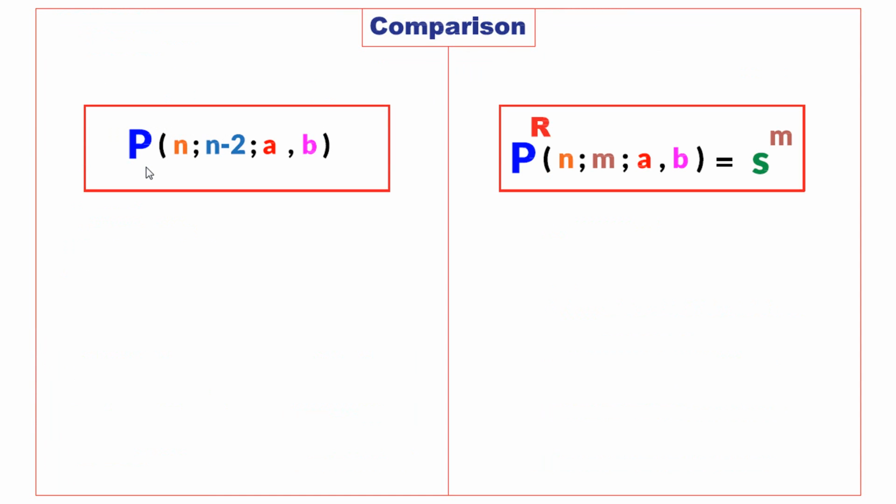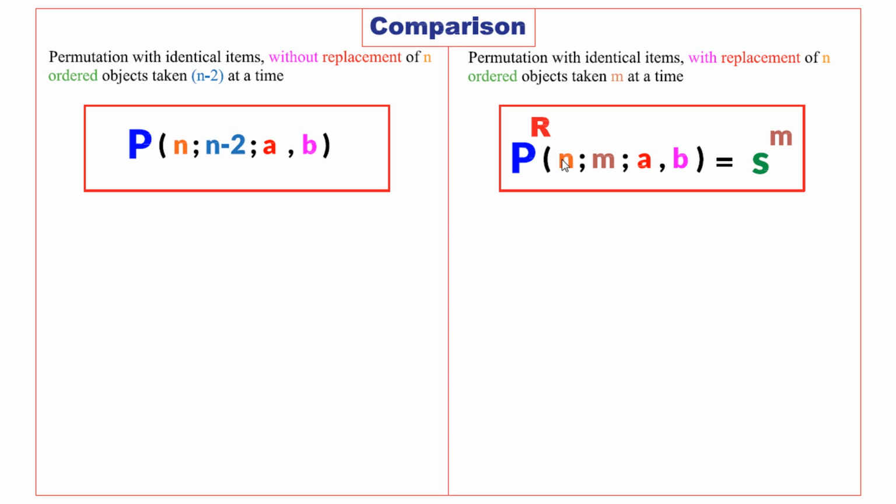So let us now compare between permutation without replacement of n objects taken n minus 2 at a time, and permutation with replacement of n objects taken m at a time.